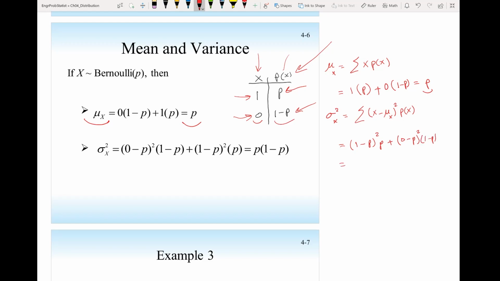So if we multiply all these, we get 1 minus 2p plus p squared times p, plus p squared times 1 minus p. So this is p minus 2p squared plus p cubed plus p squared minus p cubed. So these cancel, and we have p minus p squared, and this is p(1 minus p). And this is the variance of a random variable x that has Bernoulli distribution.